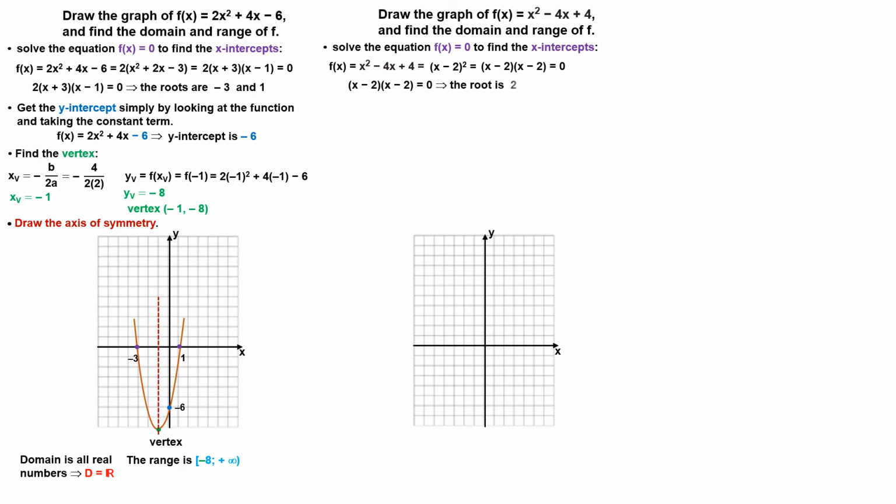The root is 2. Plot this point on the graph. Get the y-intercept simply by looking at the function and take the constant term. The constant term is 4. 4 is the y-intercept.